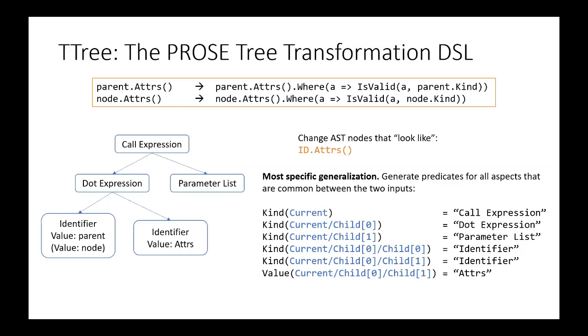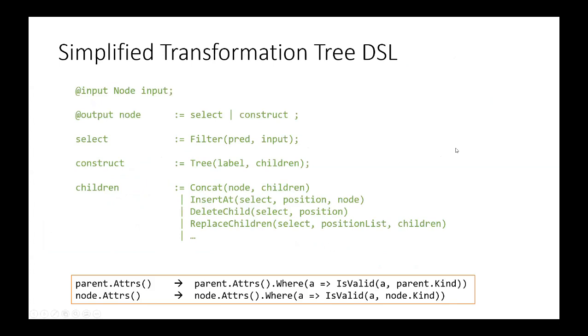Okay, so I think we can mostly skip how we learn the transformation, but basically we are learning a program in this DSL, right? So this DSL says the way you produce an output is either you select something from the input or you construct something using pieces.